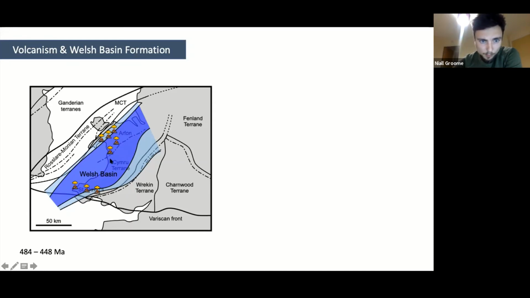And we've also opened the Welsh Basin, which cuts across Anglesey. And now we can get a much better record of what's going on, because we have a lot of strata, and we're in a period where we have quite noticeable fossils as well now.